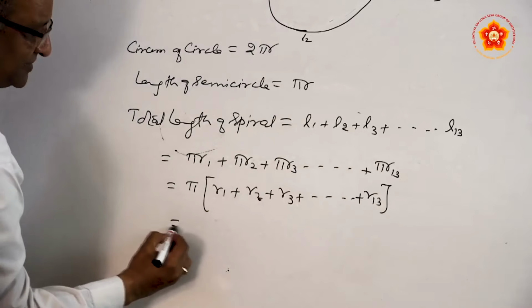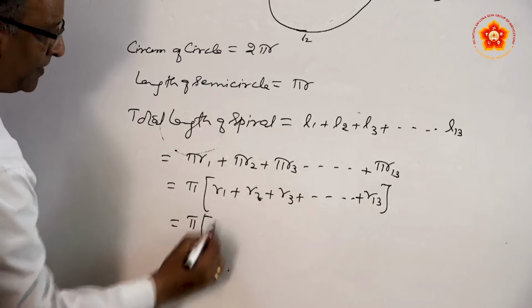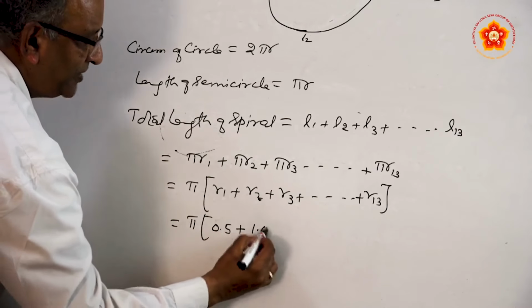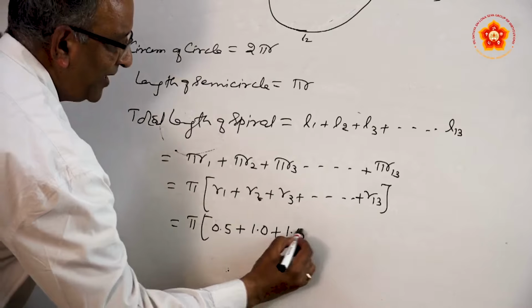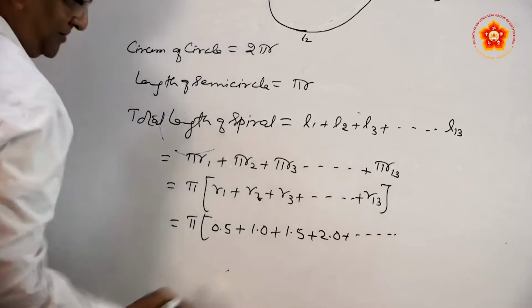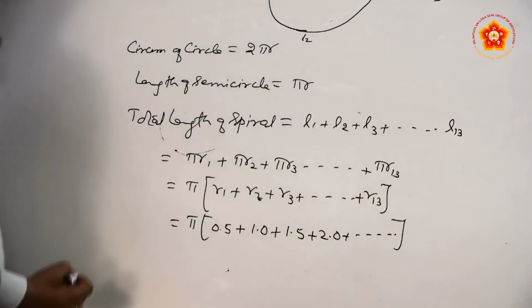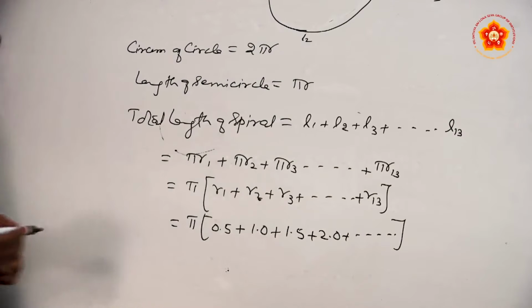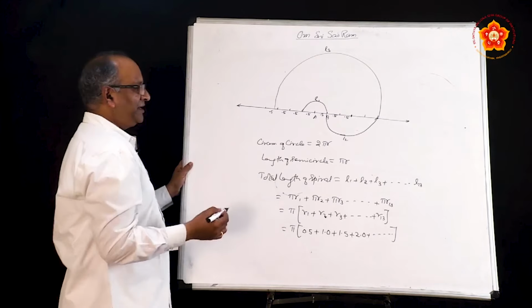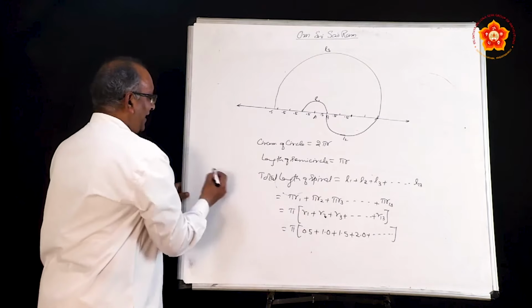Write down the values of the radii. The first radius is 0.5, second one is 1.0, third is 1.5, next is 2.0, and it goes on like that. We do not know what r13 is. r13 can be easily found out by using the a_n formula.